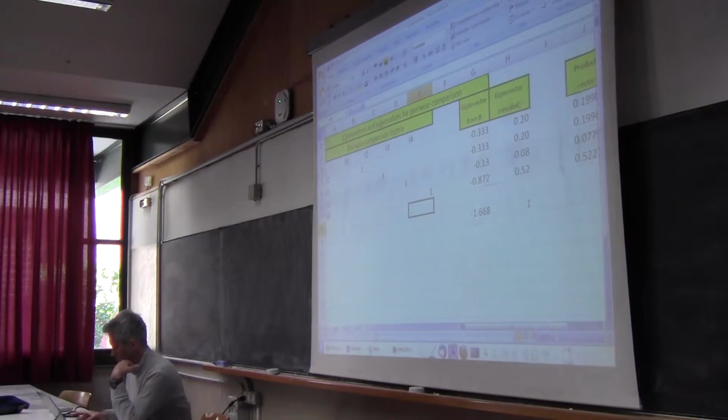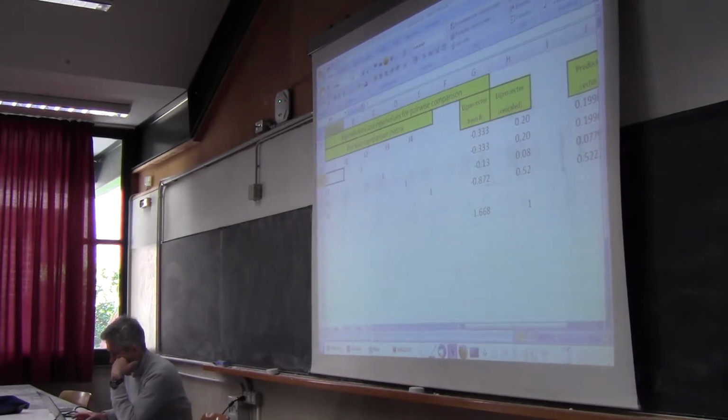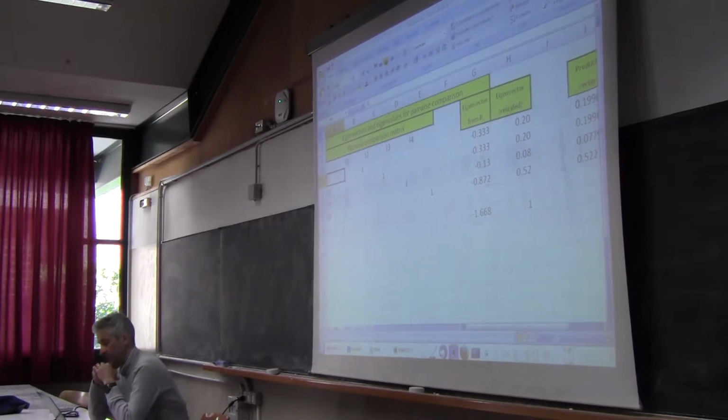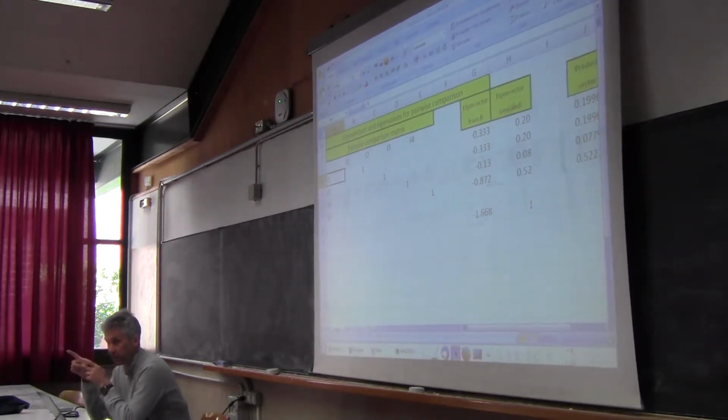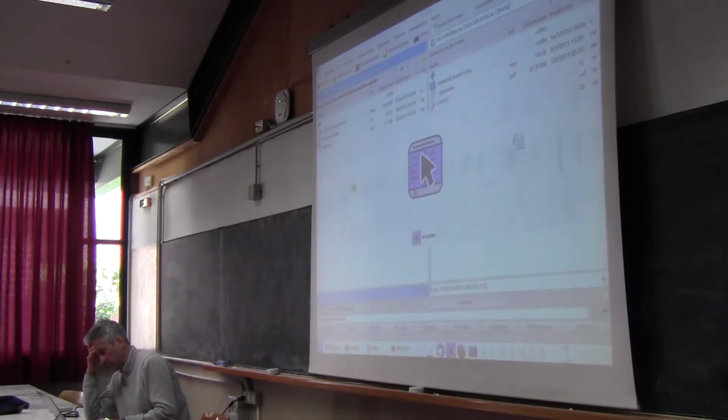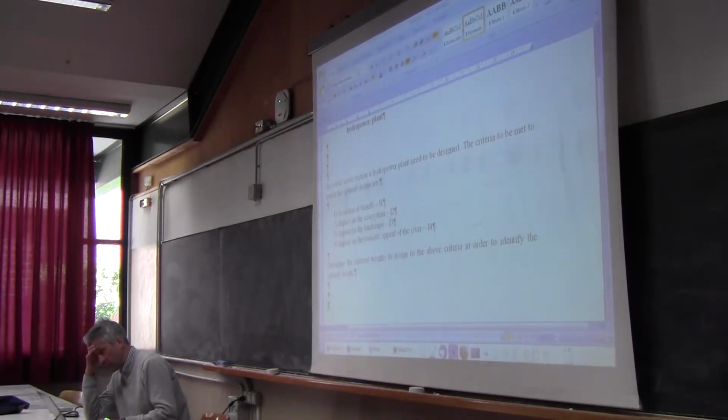What we need to do now is to compare the indicators two by two. So let's try to do that. Let's make the first comparison between indicator 1 and indicator 2, and see what these indicators are.